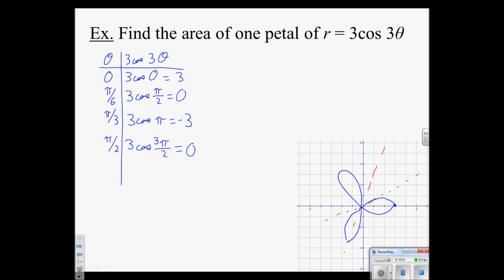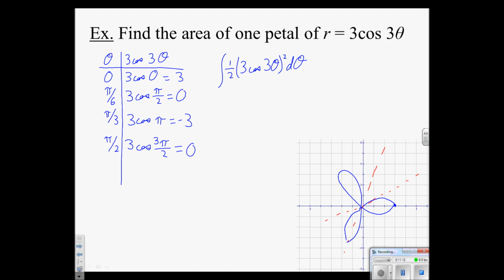To find the area, I know I'm going to set up an integral. I know it's going to be the integral of 1/2 of my equation, 3 cosine 3 theta, squared d theta.